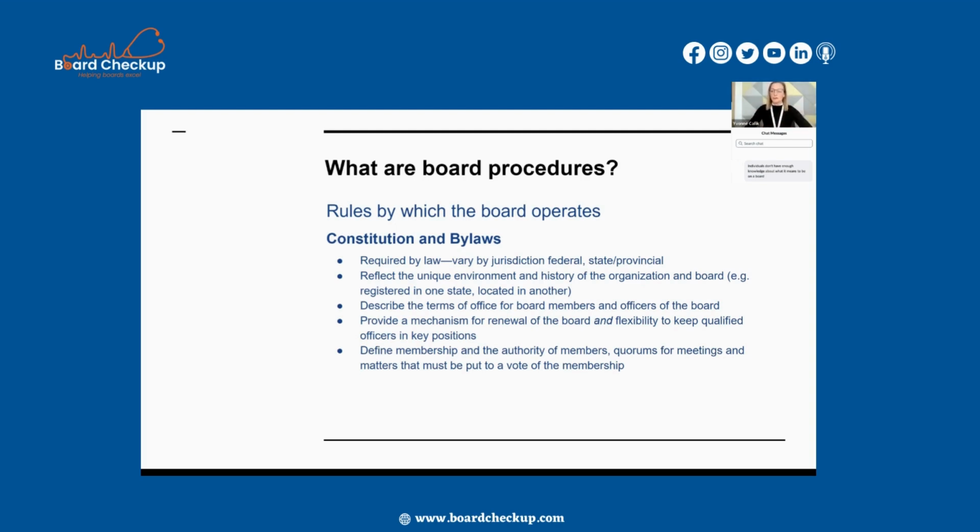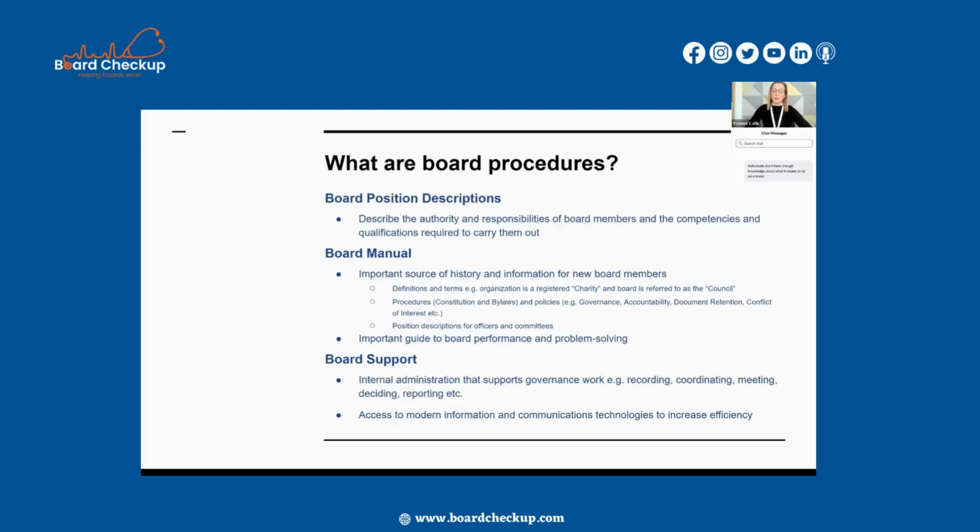So these are important documents. Procedures also include position descriptions that define the authority of board members and the competencies and qualifications to carry those positions out. They could also include a board manual that encompasses many of these documents and provides a source of history and information for new board members and renewal for existing board members.